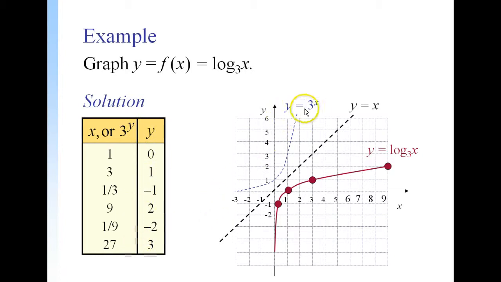So this is your regular exponential function. This is your line of symmetry. And then what do you notice about this? This, remember, is the inverse of this. So once again, if we fold along this axis of symmetry, we get a reflection.